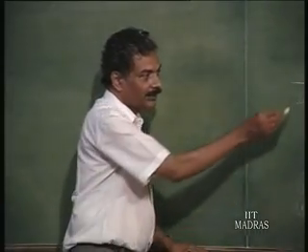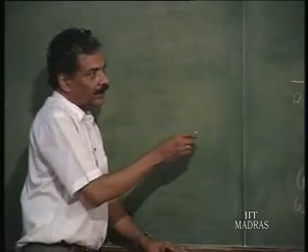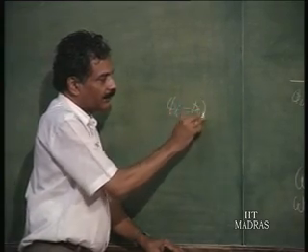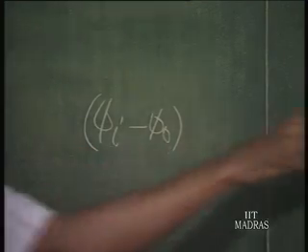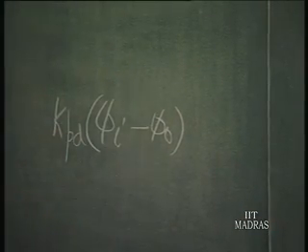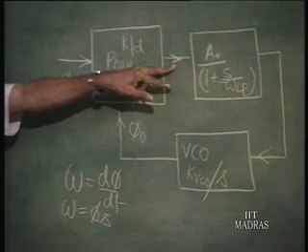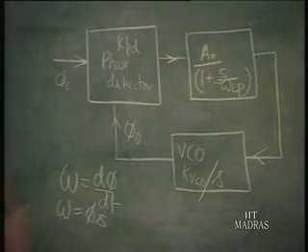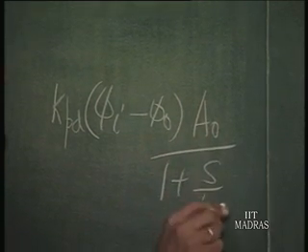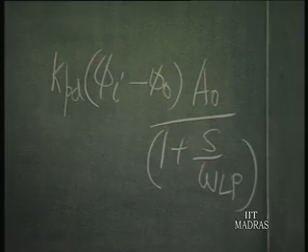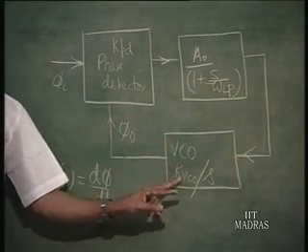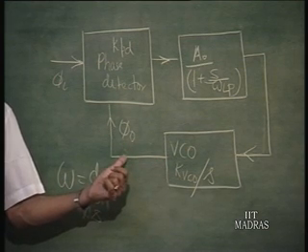That is the case, now we can do the analysis. Assumption is that only the phase is varying. Let us now see how this is going to respond. Phi I minus phi naught is the phase difference, and KPD into that is the DC voltage here, or low frequency voltage, and that is getting amplified by A naught divided by 1 plus S by omega LP. That is the DC voltage appearing here, and KVCO by S is the phase conversion factor.